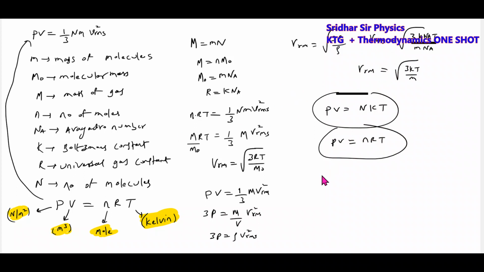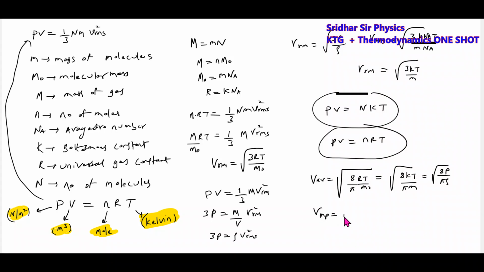Like this, the molecules will possess an average speed. Average speed will be root of 8RT by pi m naught, or 8kT by pi m, or 8P by pi rho.